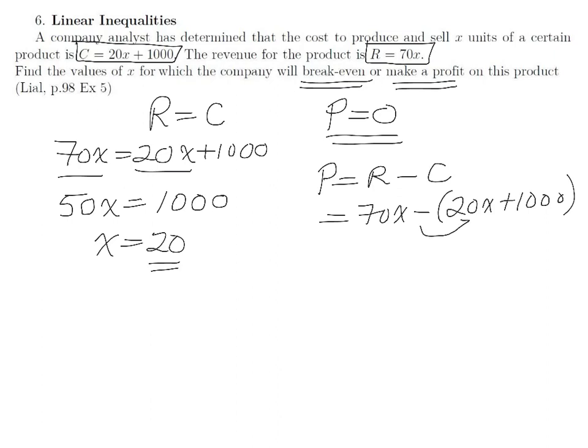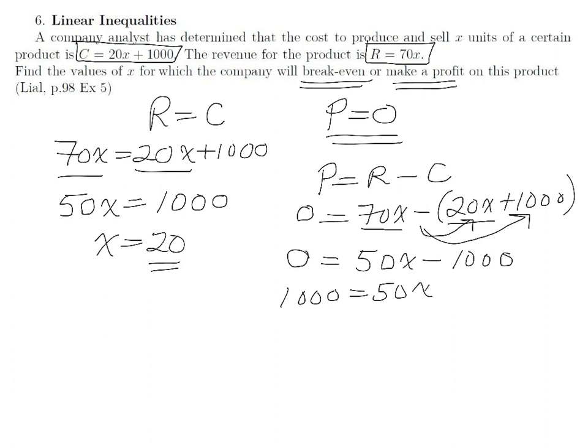So you're subtracting the 20x and you're subtracting the 1,000. Okay, so we're setting it equal to 0. 0 is equal to 70x minus 20x, so we have 50x, and we have minus 1,000. So we're going to add 1,000 to both sides.